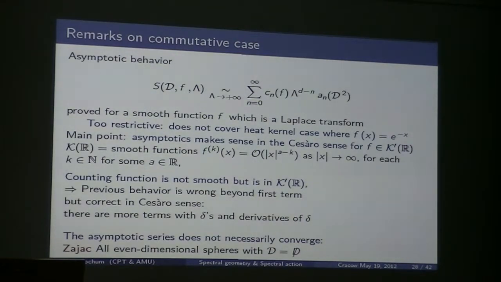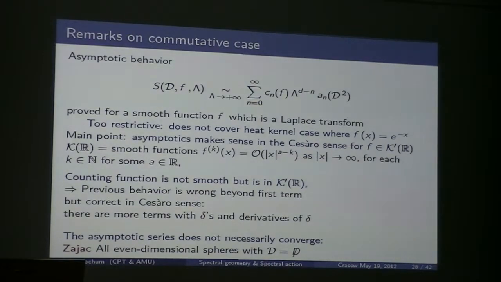In the commutative case, d is just kind of d slash, and so the asymptotics is like that: the first term is capital lambda to the power d, then d minus 1, d minus 2, and so on. Here you have some coefficient depending on d, and here a coefficient depending on f.